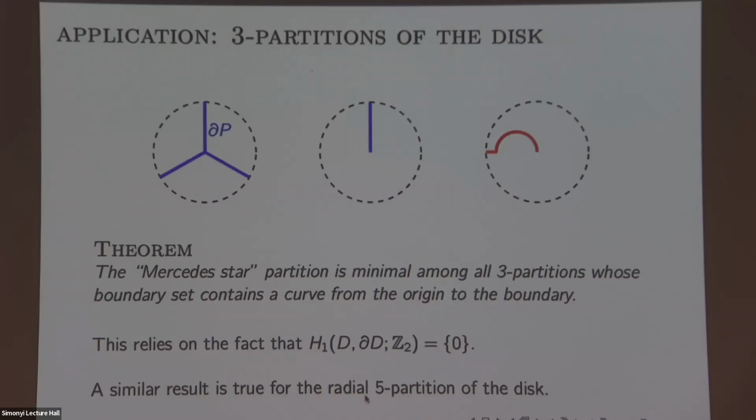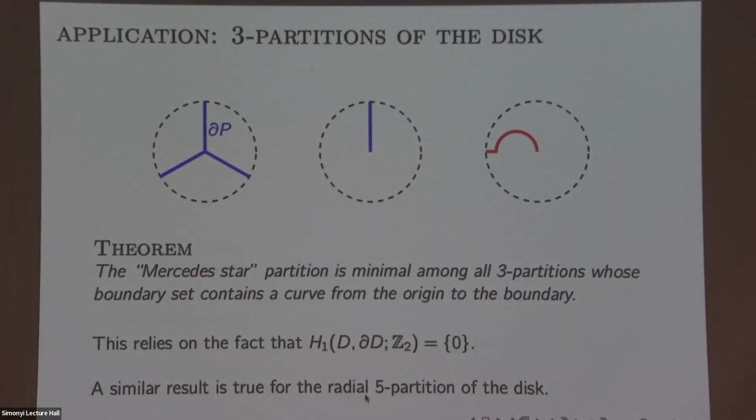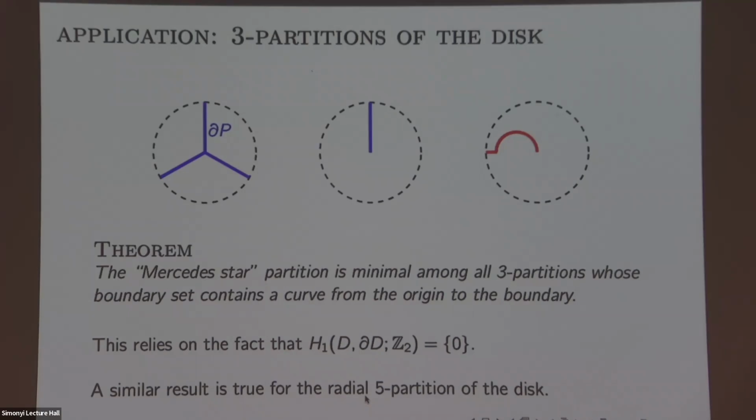And if you work through what that means, those are exactly the three partitions whose boundary set contains some curve from the origin to the boundary of the disk. So if the boundary set of any three partition contains some curve like this, then it's in this admissible topological class of partitions, and we can guarantee that it has energy greater than or equal to this Mercedes star partition. So these are the kind of results we can get from this homological construction.